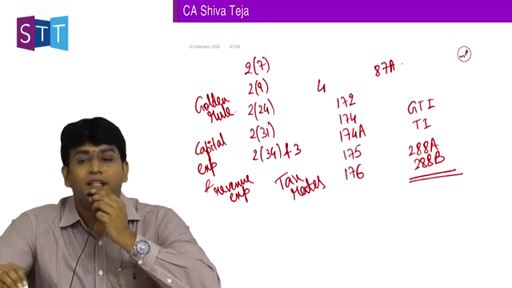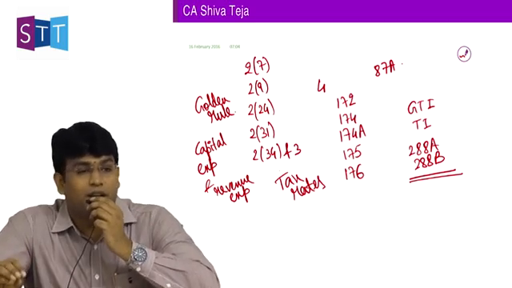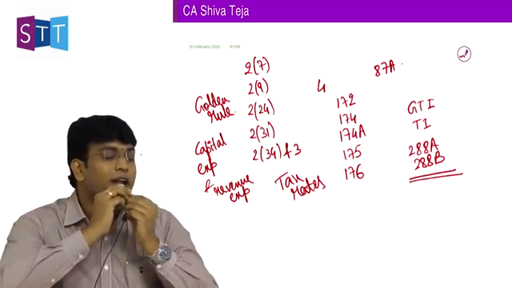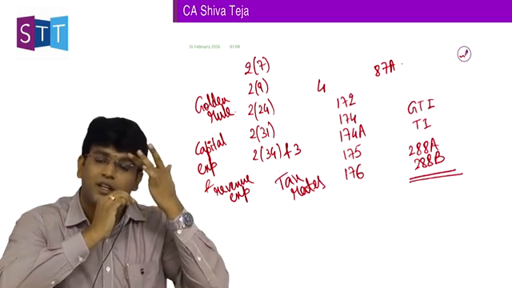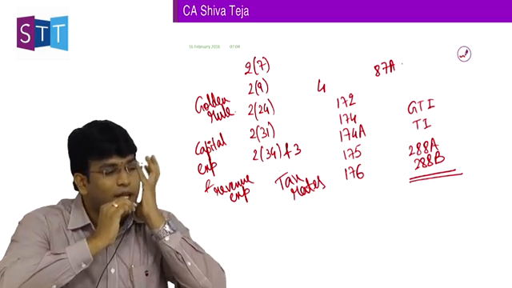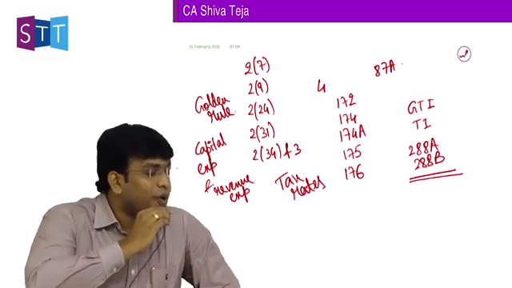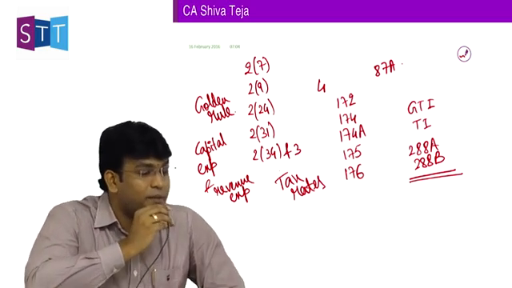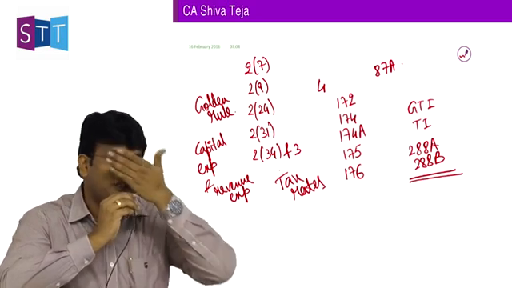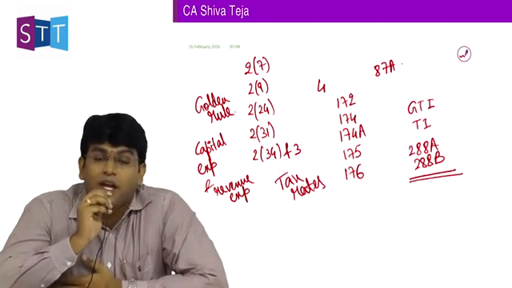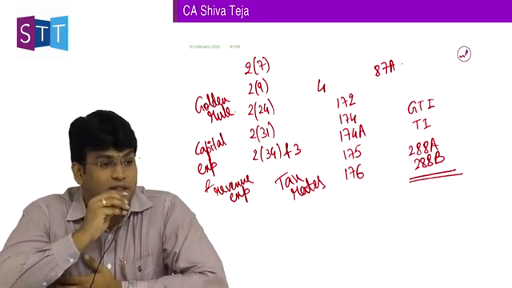If more than 10 crores, it is 12%. Foreign company more than 1 crore, up to 10 crores, it is 2%. More than 10 crores, it is 5%. So rates of surcharge are different for domestic company and foreign company, and in all other cases, if it is more than 1 crore, direct 12%.